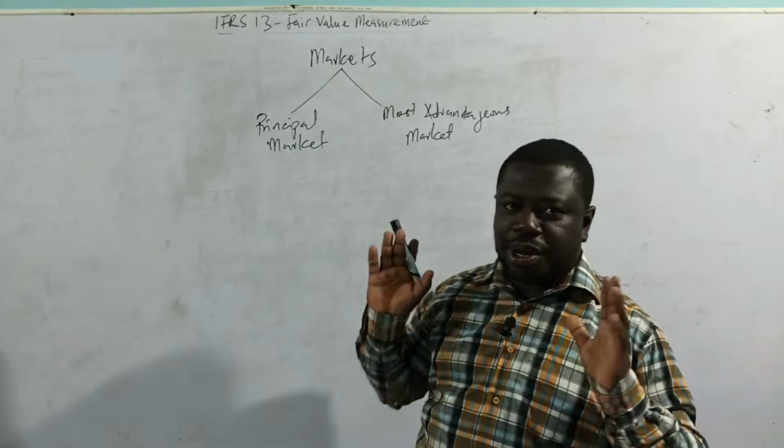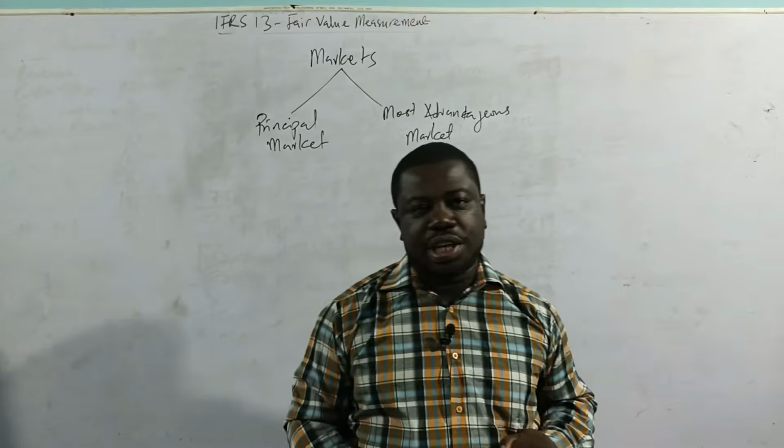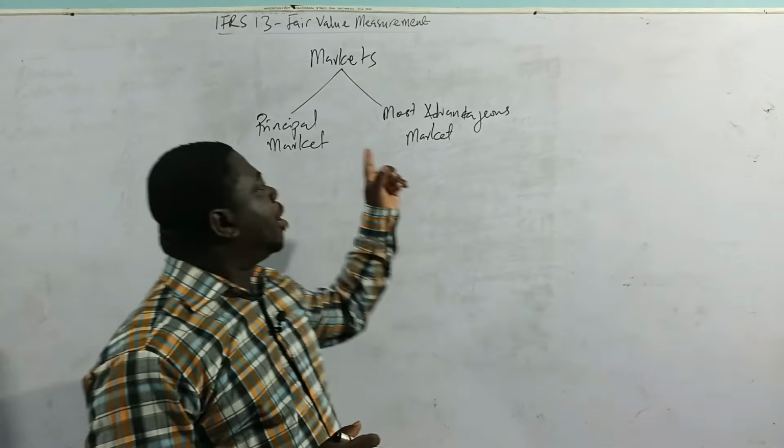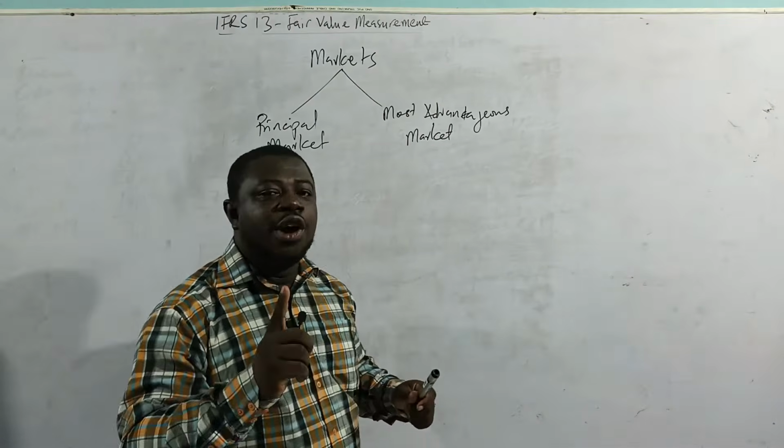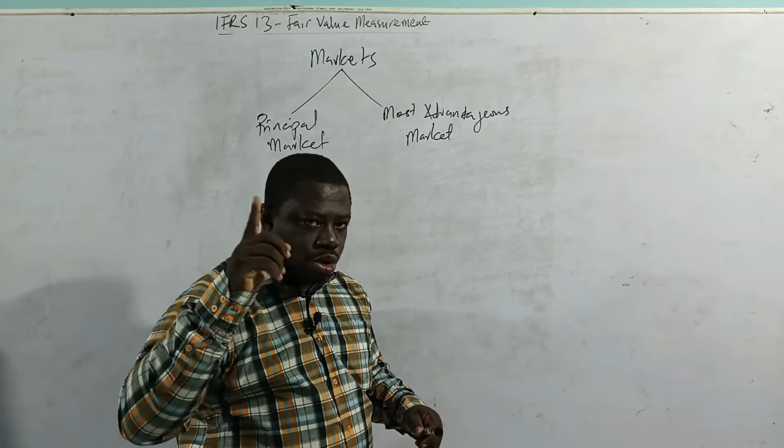Now, what is the principal market? I'm going to explain to you, and then that of the most advantageous as well. Now, the principal market is the market that has the most activities for the asset being sold.